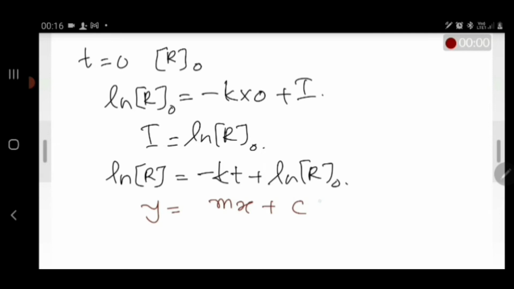According to this equation, c is the intercept and m is the slope of the curve. So if you plot a graph of y versus x, that is ln R versus t, you will get a graph with negative slope. It will be like this.